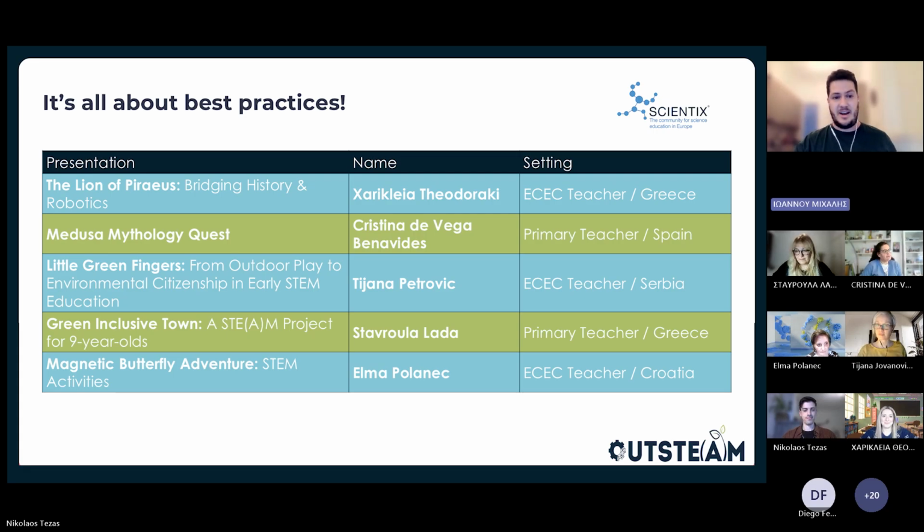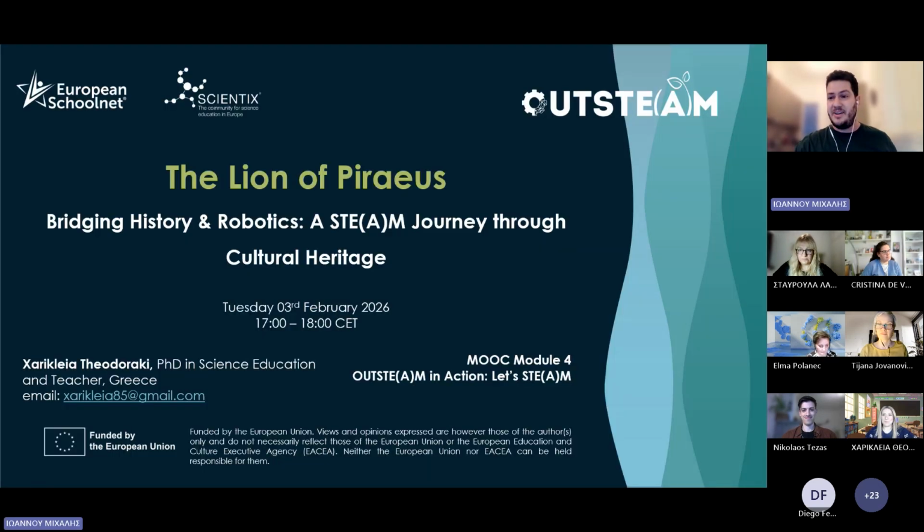And last but not least, Elma Polanec from Croatia, an early childhood educator, will talk about magnetic butterfly adventure, STEM activities. So, without any delay, I'm calling Ms. Chariklia Theodoraki. The stage is yours.